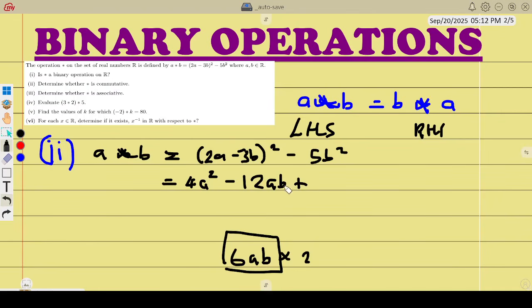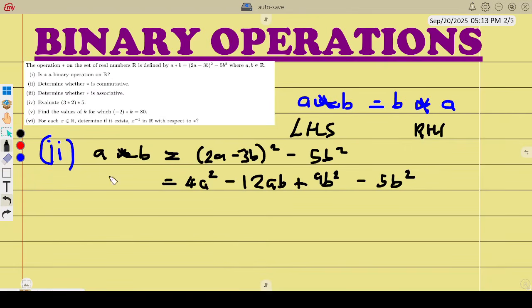And then plus negative 3B squared gives 9B squared here. Don't forget, we also have 5B squared outside. So here we just simplify. We have 4A squared minus 12AB plus, 9 minus 5, that is 4B squared.